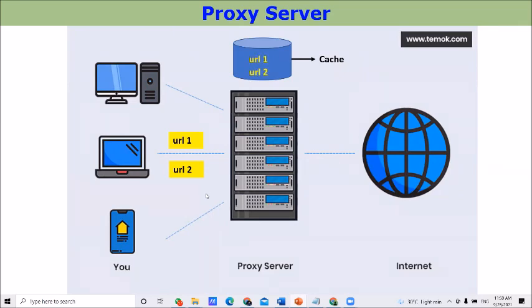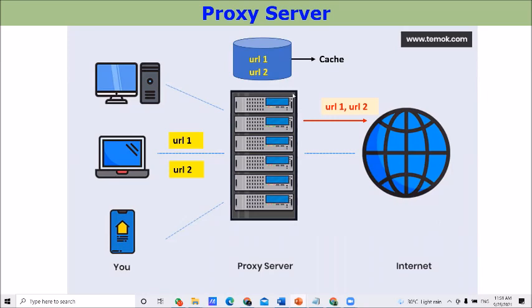Once received, all of these URLs go through the proxy server. Once they go through the proxy server, one copy of each URL is saved in the cache memory. Then, after saving in the cache memory, the proxy server sends the URL to the actual servers on the internet.